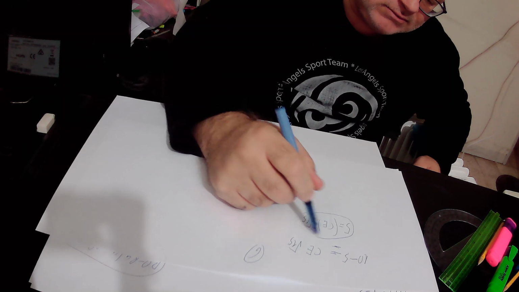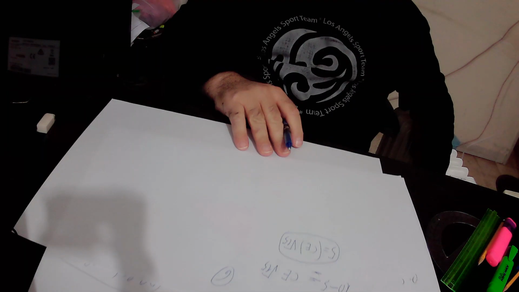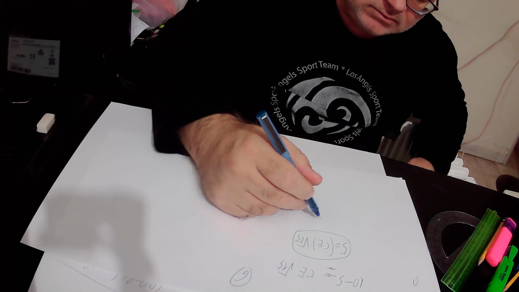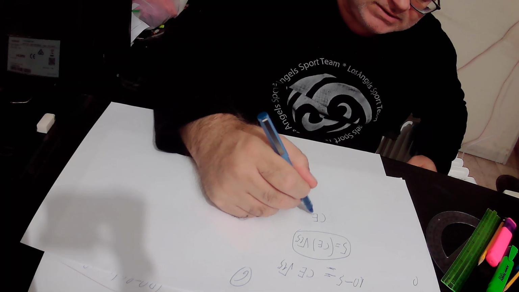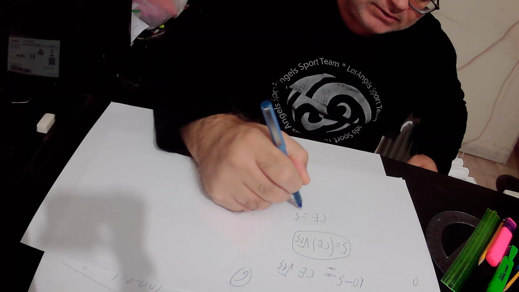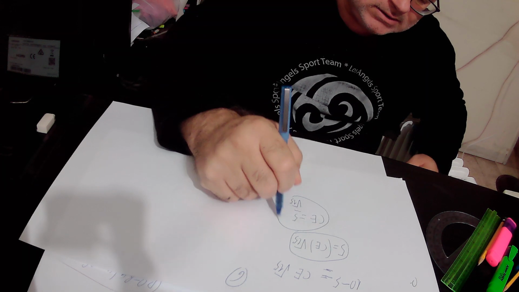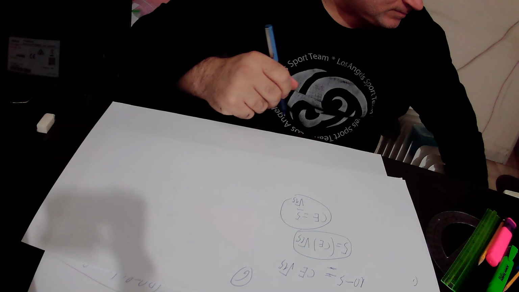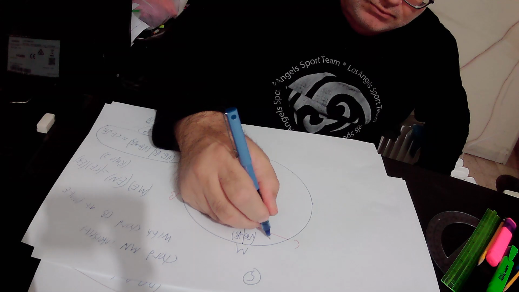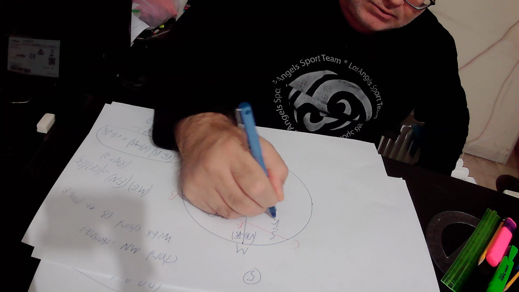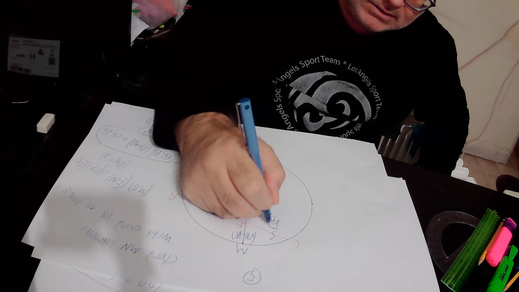We divide this equation by square root of 15, and we found out that CE, the missing line segment, equals 5 over square root of 15 units. So we can write here that CE equals 5 over square root of 15 units.